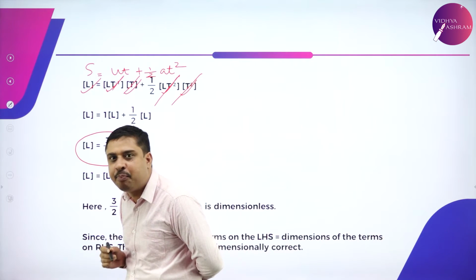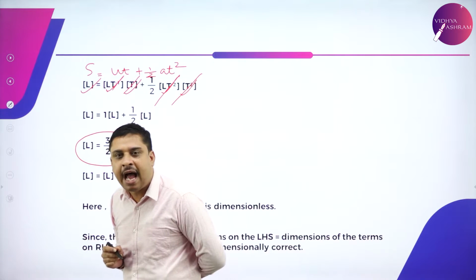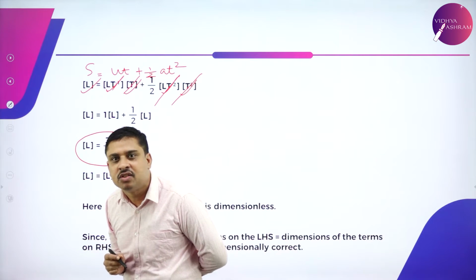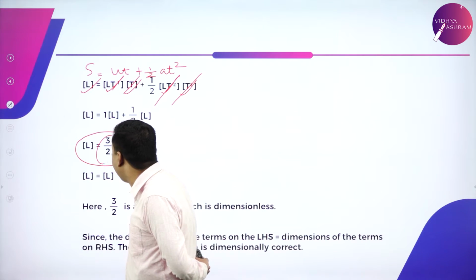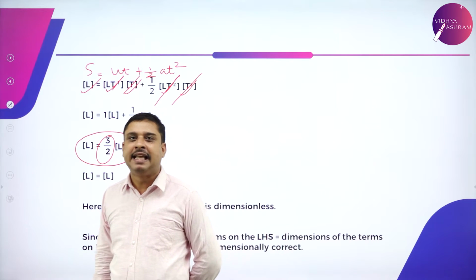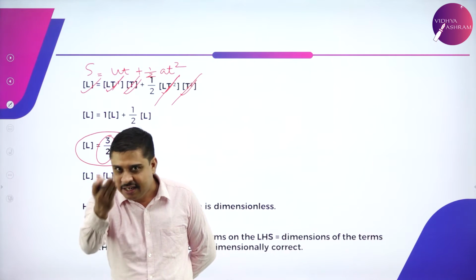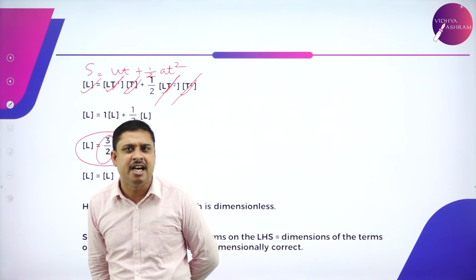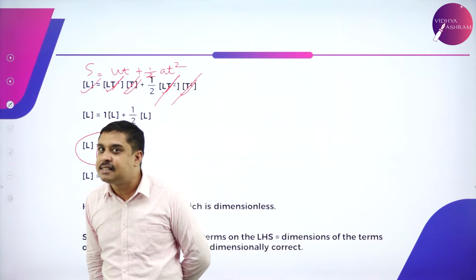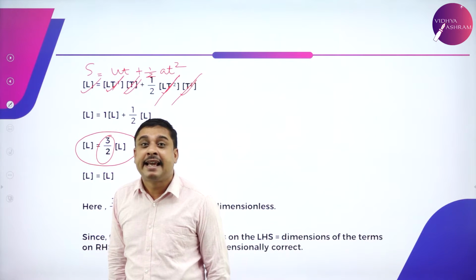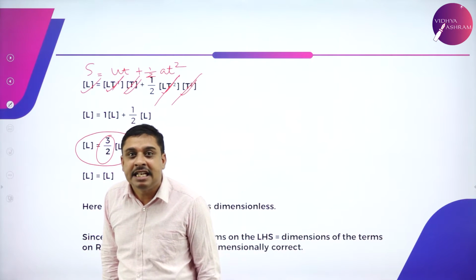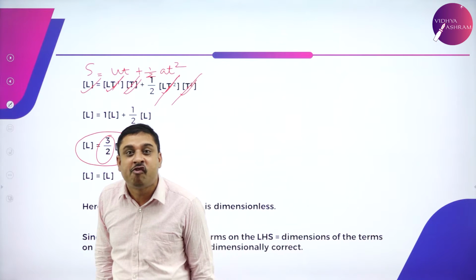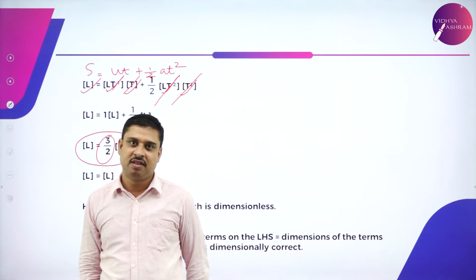According to the principle, do I have same dimensions? So there is a 3 by 2 on the right hand side. Dear friends, I have mentioned this very clearly in the last session. I cannot write the dimensions for numbers.